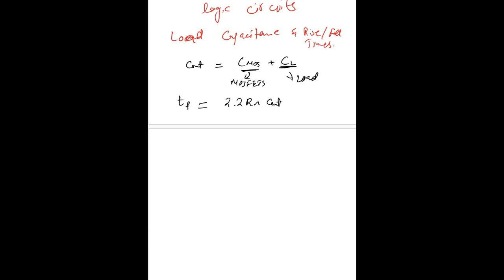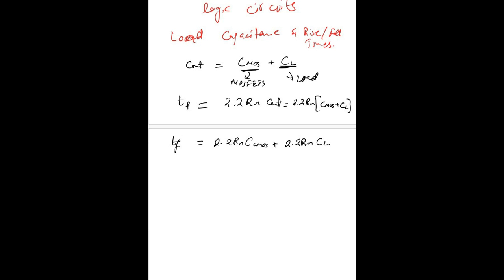So this C out can now be written as 2.2 Rn into C MOS plus CL. So we have to add the load capacitance here. If we simplify this expression, we can write it as 2.2 Rn C MOS plus 2.2 Rn CL.